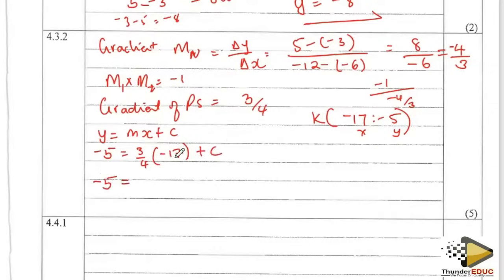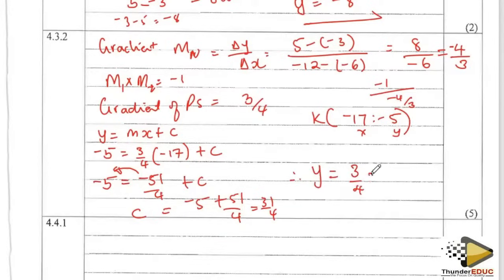When I simplify that, I'm getting -51/4 plus c. Then I'll move this -51 to that side to make c the subject. So it's -5 plus 51/4. That's going to give me +31/4. That's my c. So which means my y is going to be 3/4x plus 31/4. Bingo, done.